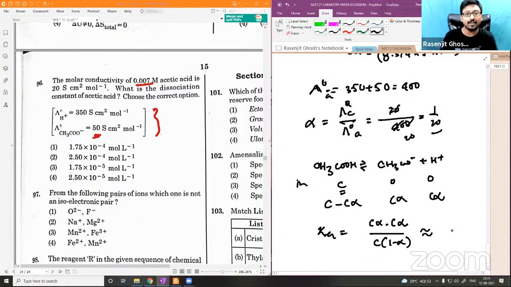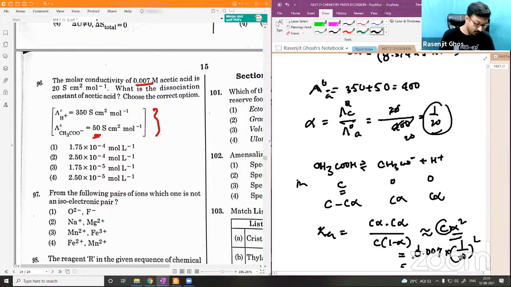And we can use the concept of Ostwald dilution law. We can use C alpha squared, right? Your alpha is given already, that is 1 by 20, and your C is already given here. So it is 0.007 multiplied by 1 by 20 squared.